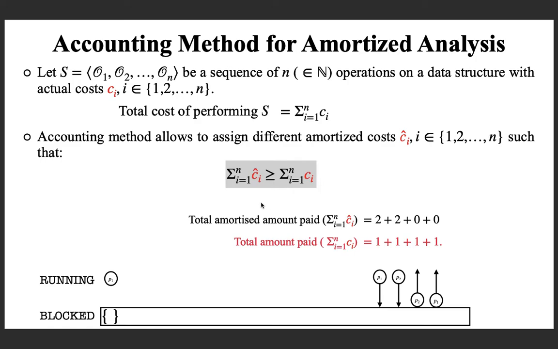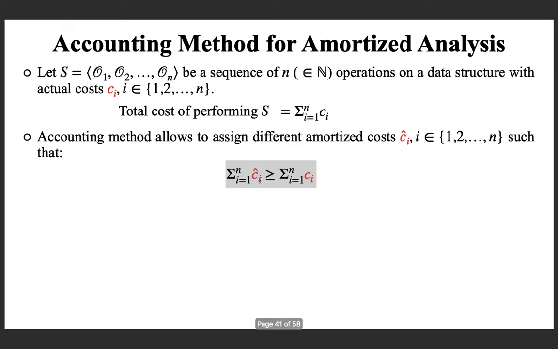LHS is actually the sum of the amortized cost. If you remember, 2 was assumed as the amortized cost of enter operation. So 2 plus 2. Then if you recall, 0 was assumed as the cost of exit. So 2 plus 2 plus 0 plus 0. In this case, both are same, and hence it's the correct analysis.